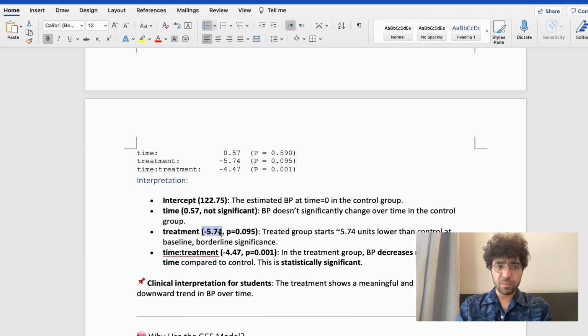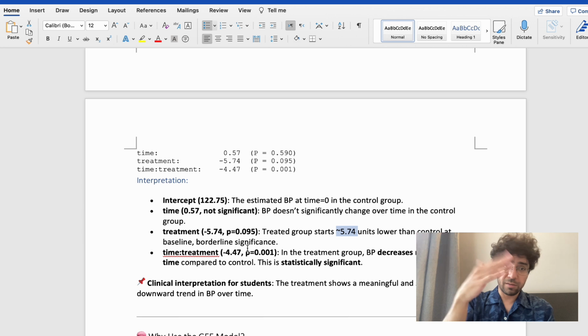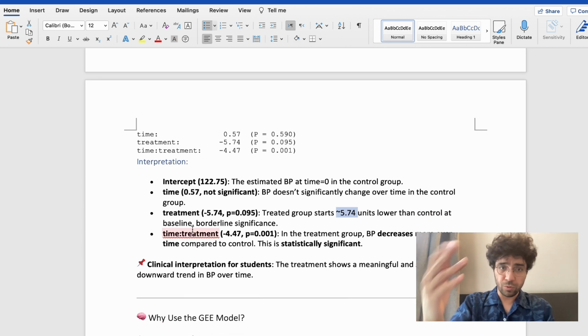So the treatment, minus 5.74, shows that the treated group, because when it is the treatment group it is 1, is 5.74 units lower than the control at the baseline. So we are also taking away the factor of time. At the baseline, the treatment group starts 5.74 units lower than the control group.